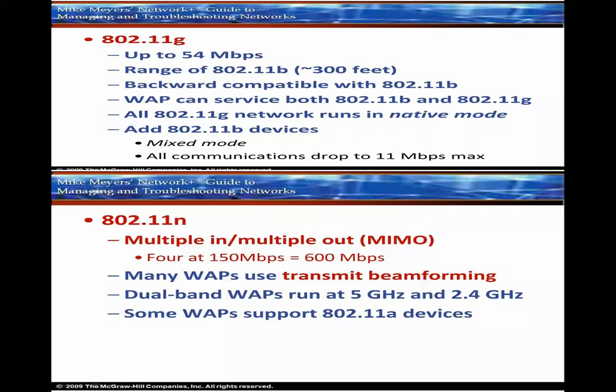For longer distances, we can send particular data, and that has to be taken care of. And the 802.11g network runs in a native mode, active mode. This standard can be used in all communication devices.